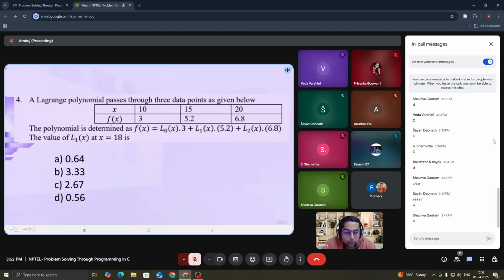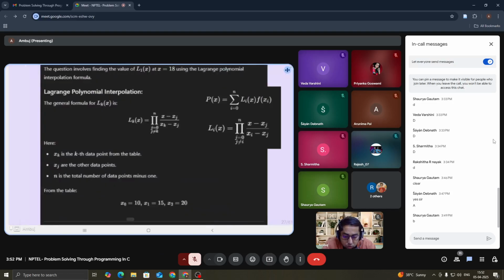I can understand, but just go through the entire solution. After the class is over, at least practice it once again. These entire 10 questions are very, very important. This whole thing has been taught in week number 11. The correct value would be 0.64, which you will only get if you are able to solve.